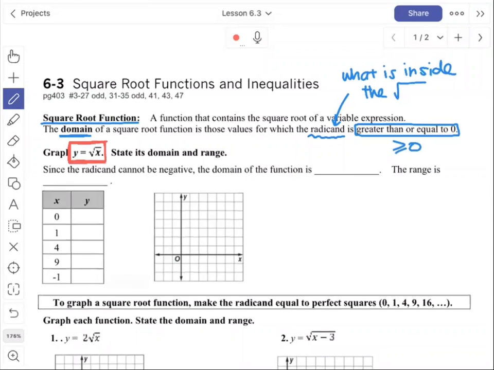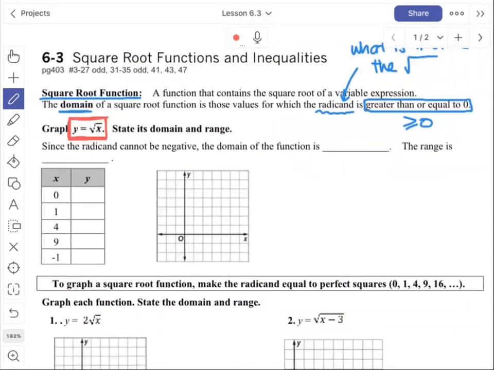Let's do the graph first. I think it's always nice to see the visual before we do the domain and range. I'm going to call on a bunch of people to help me out by simplifying what we plug in. Let's start with when x is 0. Faith, what do I get when I plug in 0? 0.